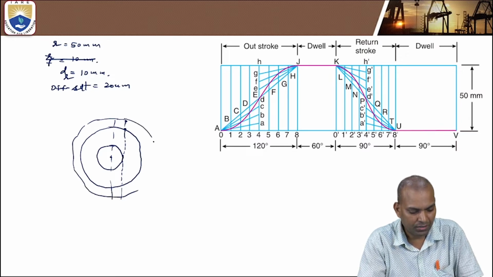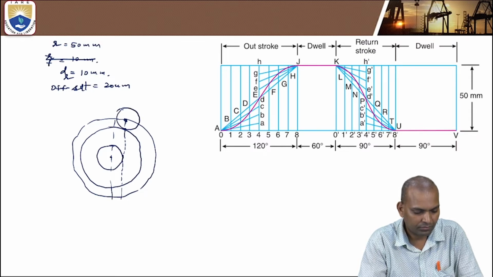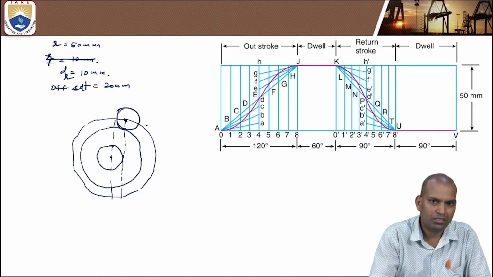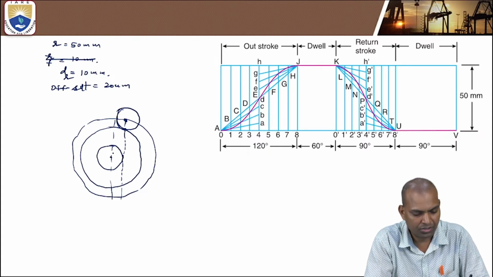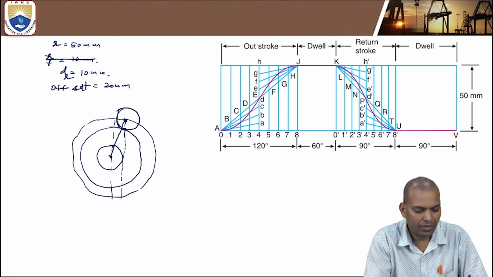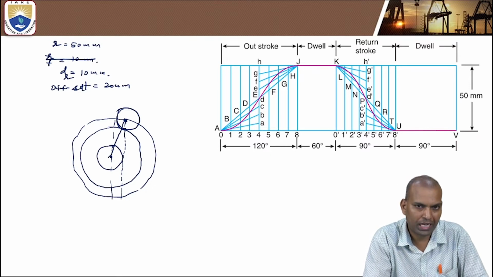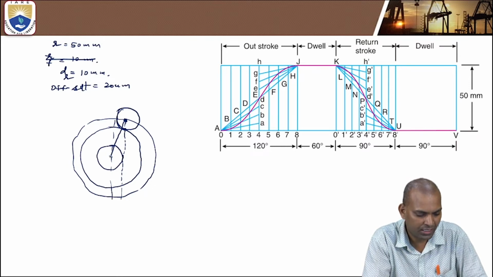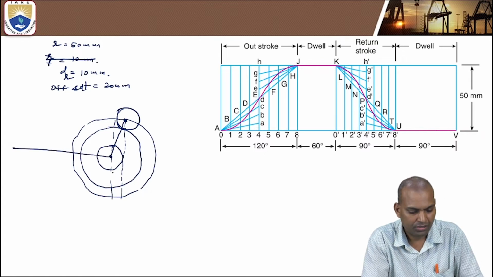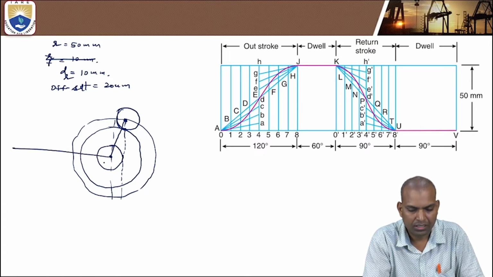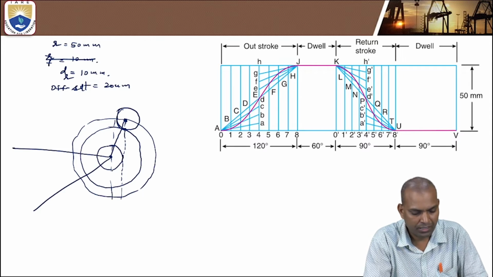That is the prime circle. This is the center of the roller, and the diameter of the roller is 10 millimeters. Join the center of the offset circle with the center of the roller. This is the reference line. From this, draw the outstroke angle of inclination, that is 120 degrees. Dwell 60 degrees. Return stroke 90 degrees. Remaining is dwell.